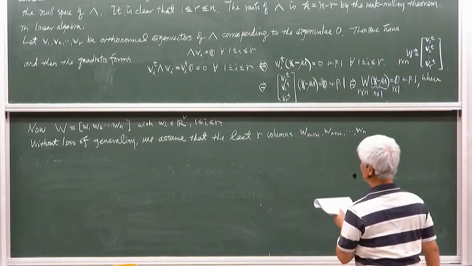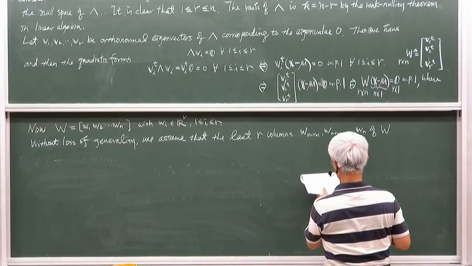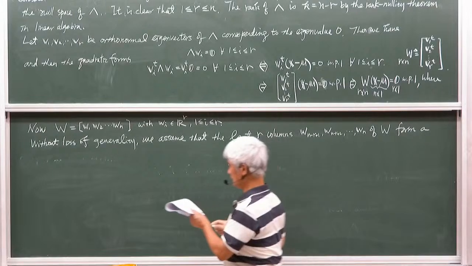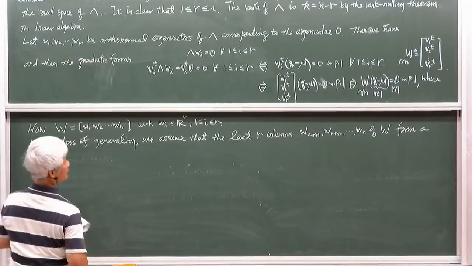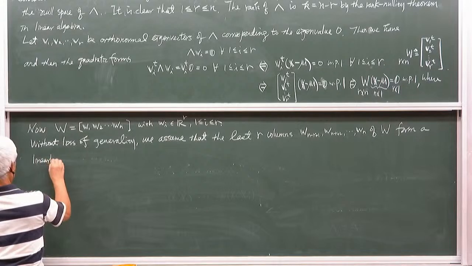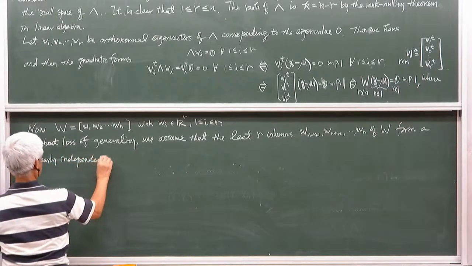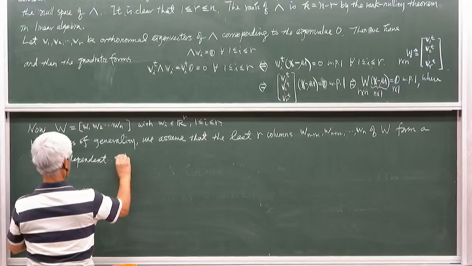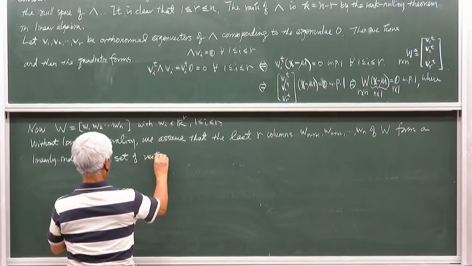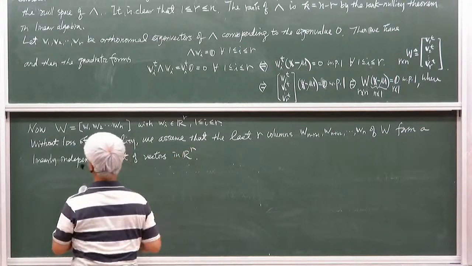The last R columns of W form a linearly independent set of vectors in R.